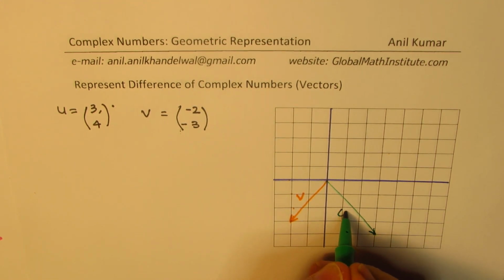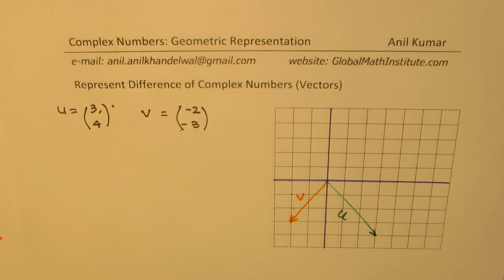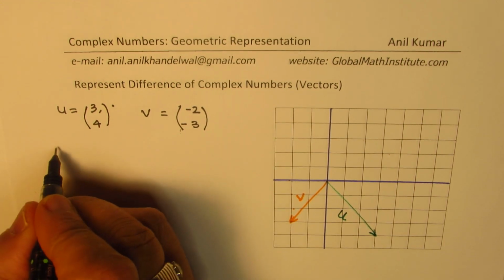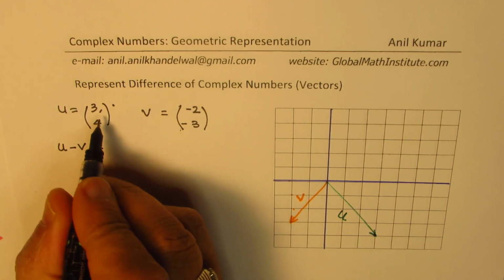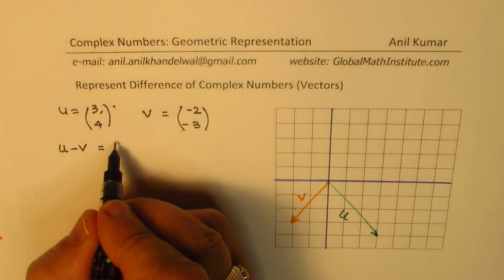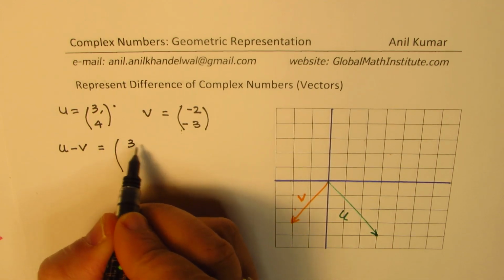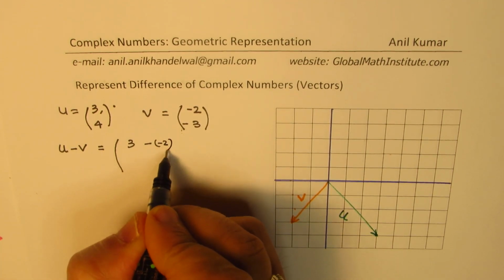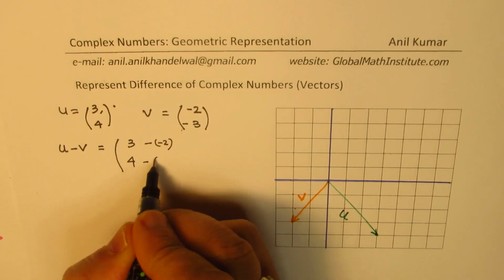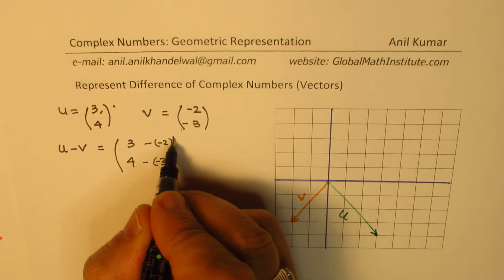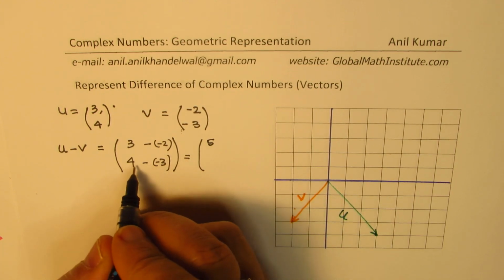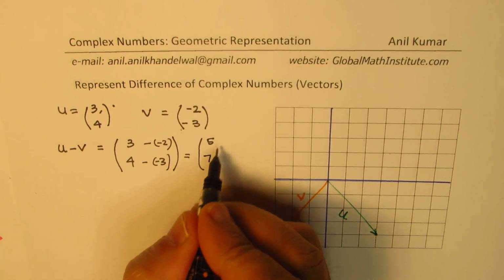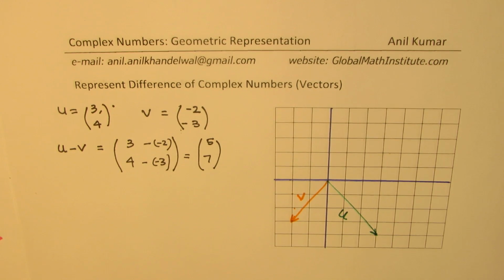So we have vector u and vector v. Now if I have to perform the operation u minus v, these are vectors, then the result will be, as you can see, 3 minus of minus 2, 4 minus of minus 3, and what you get here is 5, and that is 3 plus 4 as 7. So that should be the result.